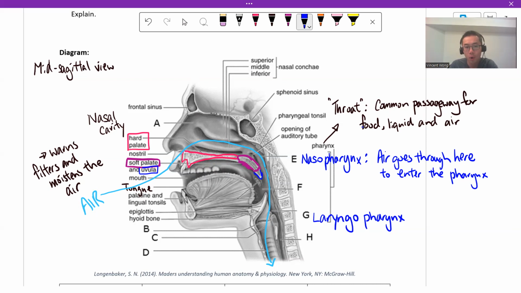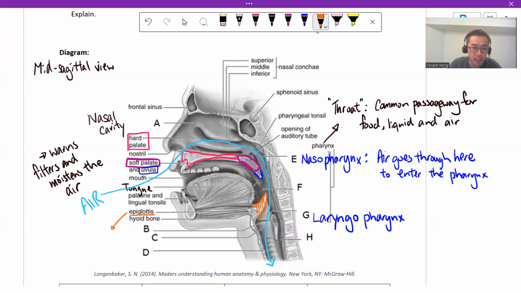Now we do not want food to be entering the airway. That's why there is a flap here. This flap is called the epiglottis, which will, all this stuff is in the PowerPoint, by the way. I'm just trying to go through it with you as an overview.